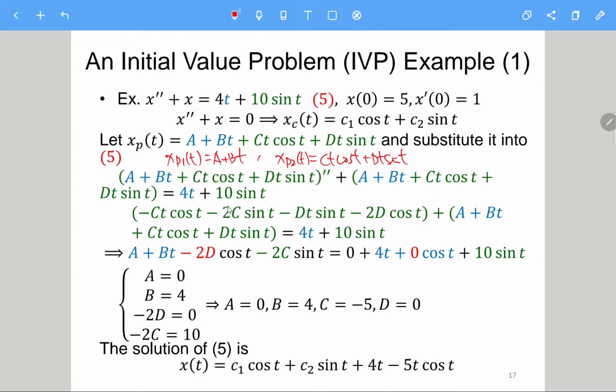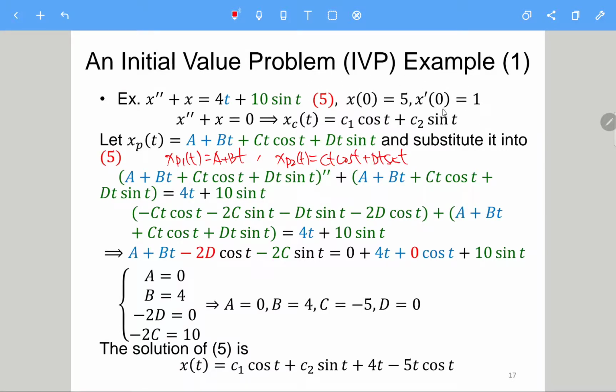So we only have sine t and cosine t here. Finally, we find that a is 0, b is 4, c is minus 5, d is 0. So the complete solution will be c1 cosine t plus c2 sine t plus 4t minus 5t cosine t, like this.